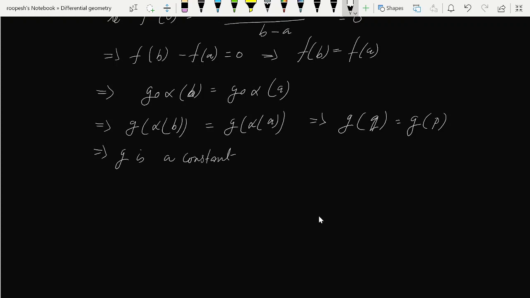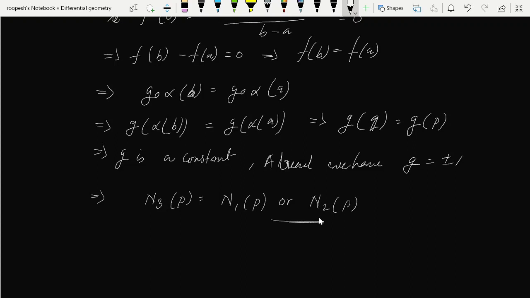Already we know that g is equal to plus or minus 1, which implies n3 of p equal to n1 of p or n2 of p.